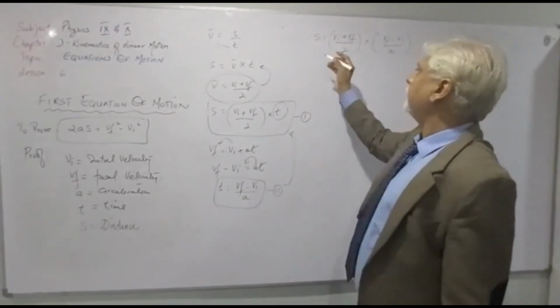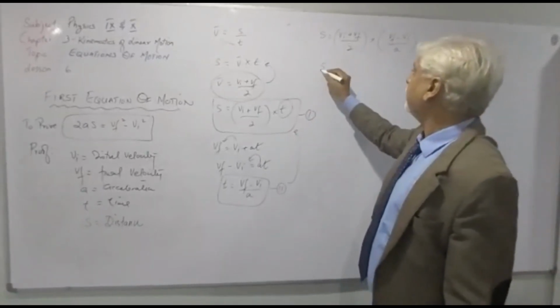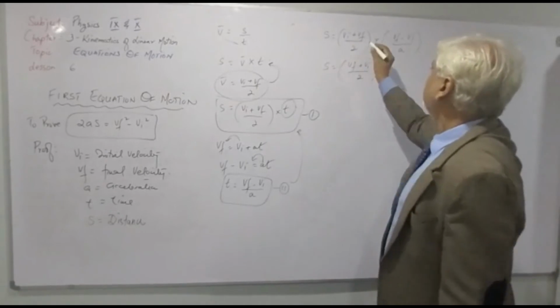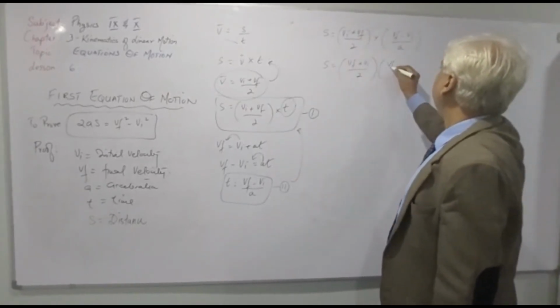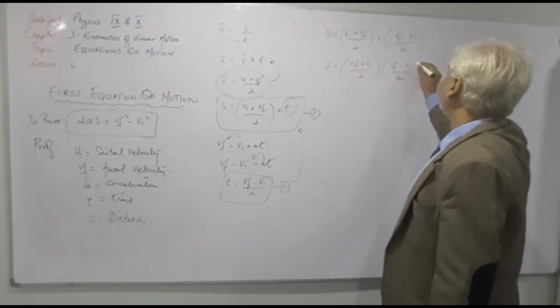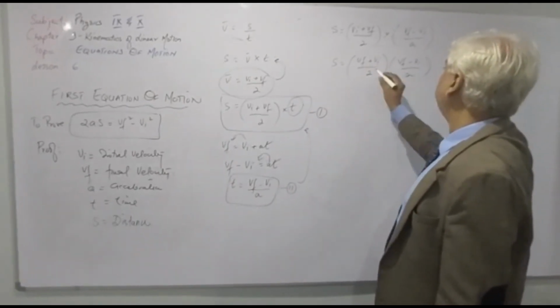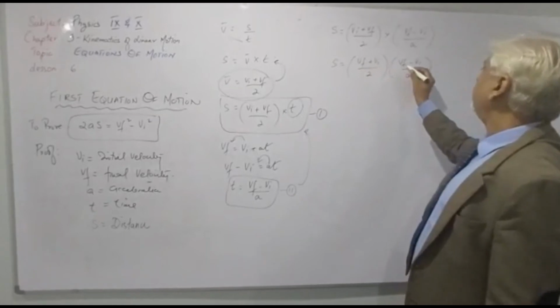Now this is in the form of a plus b into a minus b. As you can see over here, vf plus vi upon 2, and vf minus vi upon a. So if I take this 2 and a, 2 times a will give you 2a, and 2a times s equals vf plus vi and vf minus vi.